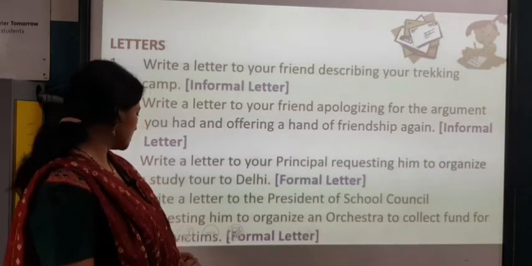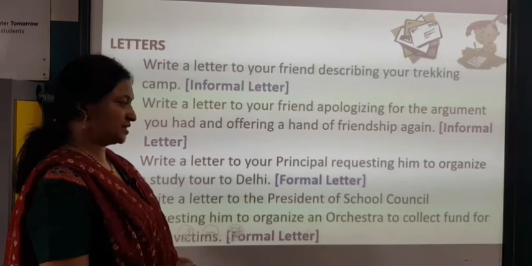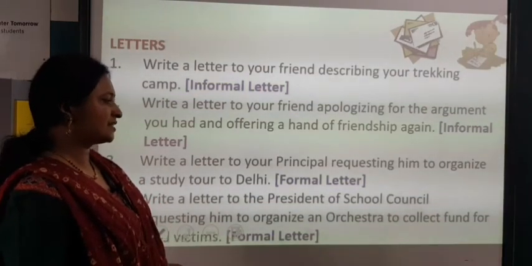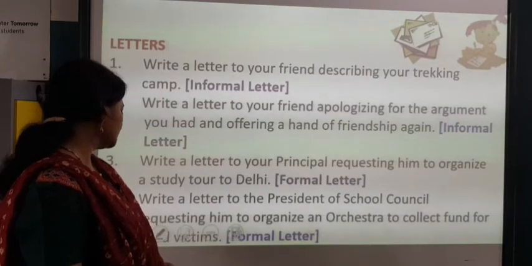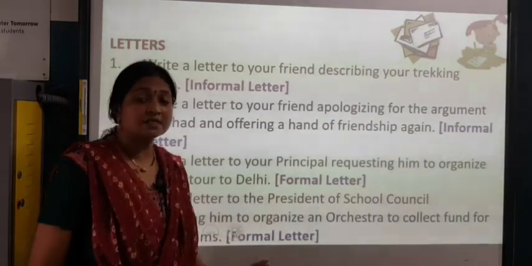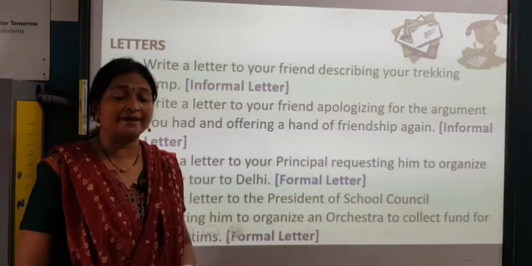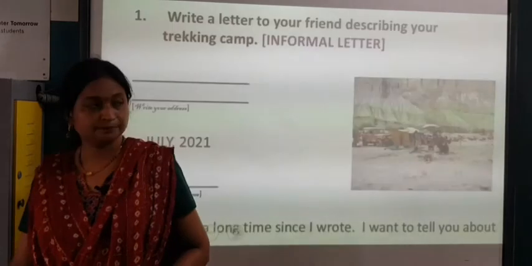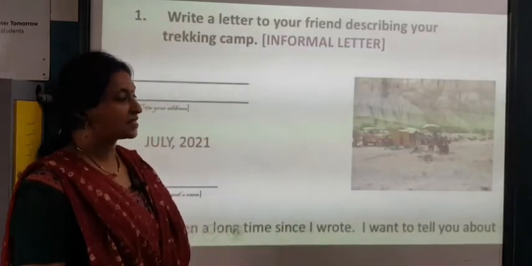It's a formal letter. Write a letter to the president of school council requesting him to organize an orchestra to collect fund for flood victims. It's a formal letter. And school council means, you know, you have your red house, blue house, so they are the school council members. So let's begin with the first letter.